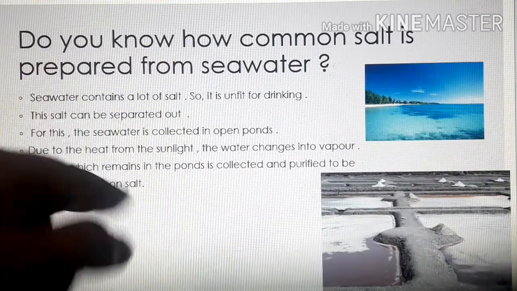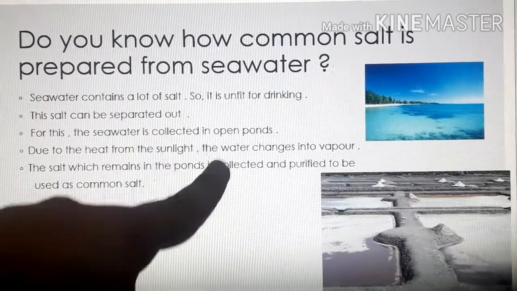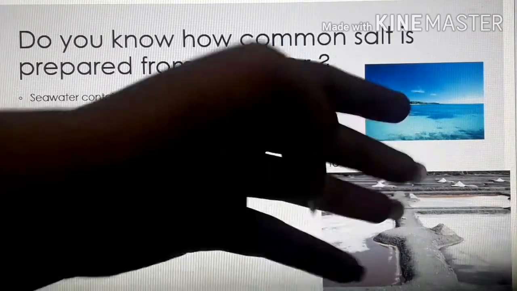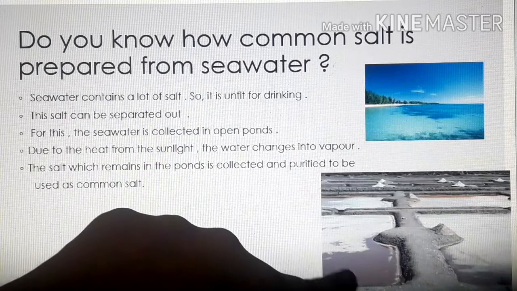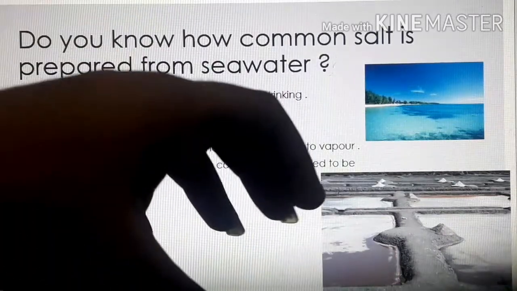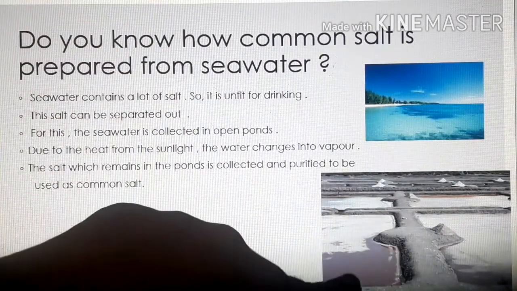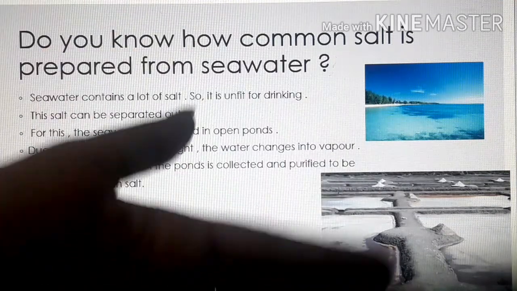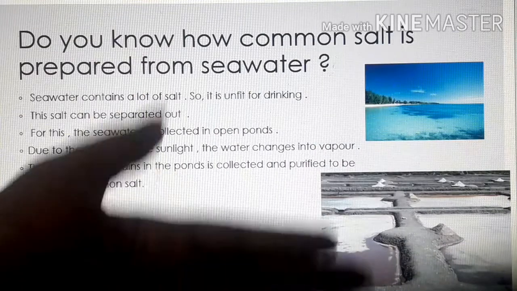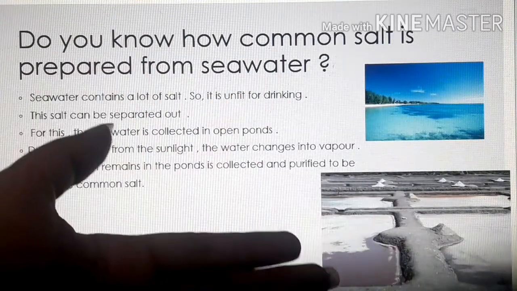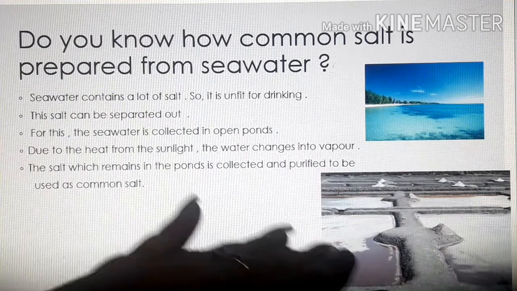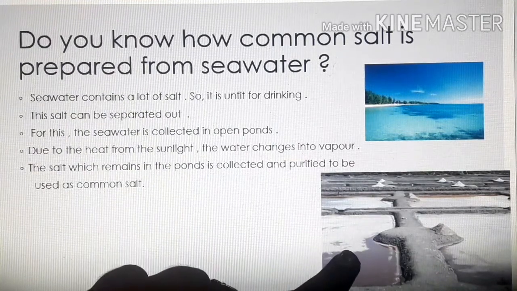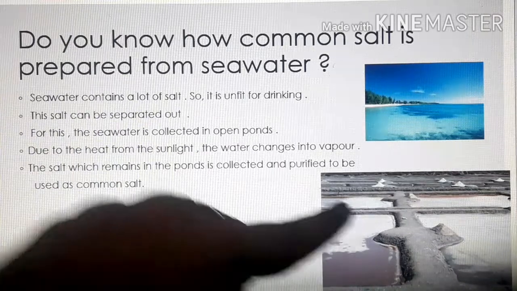The water which is collected in the pond, the salt water, changes to vapor, due to which the water dries. Clear? And what remains if water dries? You can see salt. Is it clear, children?